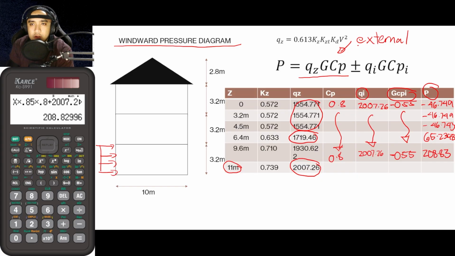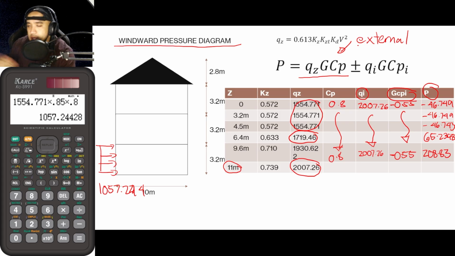And in order for us to solve for that, again, that is QZ times G times CP. So the QZ at the first floor is 1554.771 times G of 0.85 times CP of 0.8. So that is a positive of 1057.244. When we say positive, meaning that it is pushing the building from outside, okay?